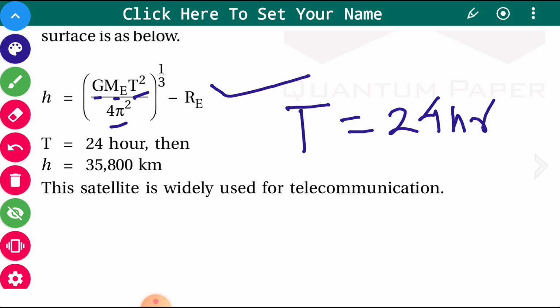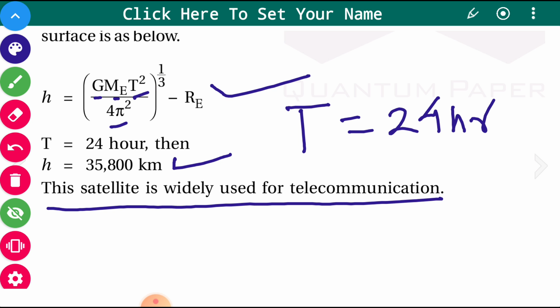When all these values are substituted, the height obtained is nearly 35,800 kilometers. These satellites, which are placed at this particular height, are all used for telecommunication.